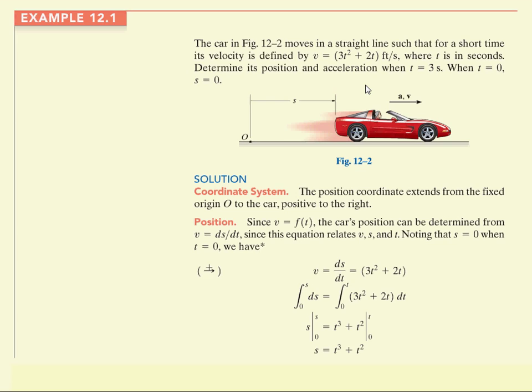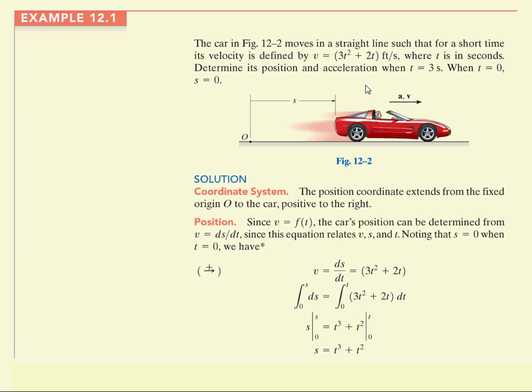The first thing we have to do is to establish some coordinate system, and the position coordinate extends from the fixed origin O to the car, positive to the right. Since the velocity is a function of time, the car's position can be determined from the definition of velocity, which is v equals ds/dt.